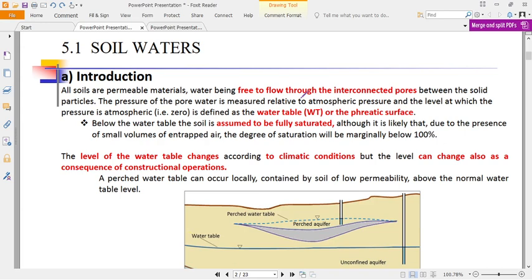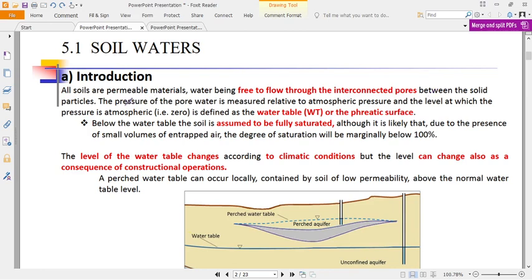The reason why we say clay is an impermeable material is that clay is so fine, and the particles are held together by suction force, or what we call cohesion. Although it is highly porous, the pores are not interconnected. Clay has pores, but they are so minute, and the particles are held so close together, that those pores are not interconnected.